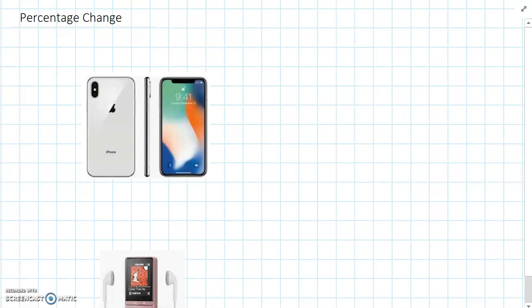Okay, in the last video we looked at how the prices of things can go up and down, so increase or decrease by a certain percentage. So let's do a quick recap.